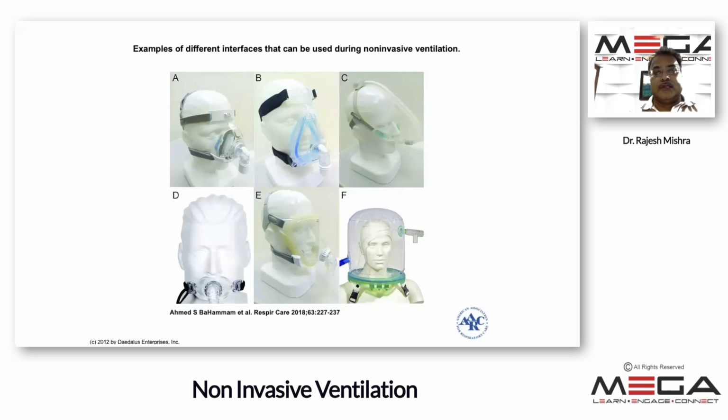Now, gadgets. The most important part of non-invasive ventilation is the interface. This interface can be only nasal in chronic support. This is the face mask, which is very commonly used, or it can be nasal pillows, or a helmet, or a complete face mask which covers both eyes, or it can be only a mouthpiece. Different kinds of gadgets, but the most commonly used is the face mask which does not cover the eyes, or the nasal pillows, and some centers are using helmets.